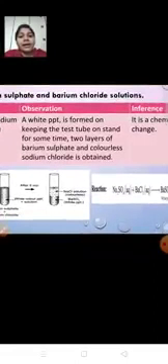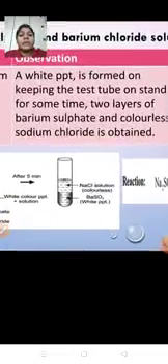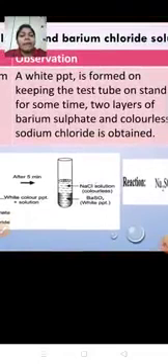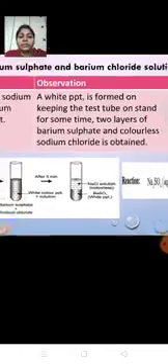So you'll get a colorless layer, that is of sodium chloride, and you will get white color precipitate, and that white precipitate is barium sulfate. If you keep it for 5 minutes without disturbing, the white precipitate, that is barium sulfate, will settle at the bottom of the test tube and the colorless solution, that is sodium chloride, will float on the top.